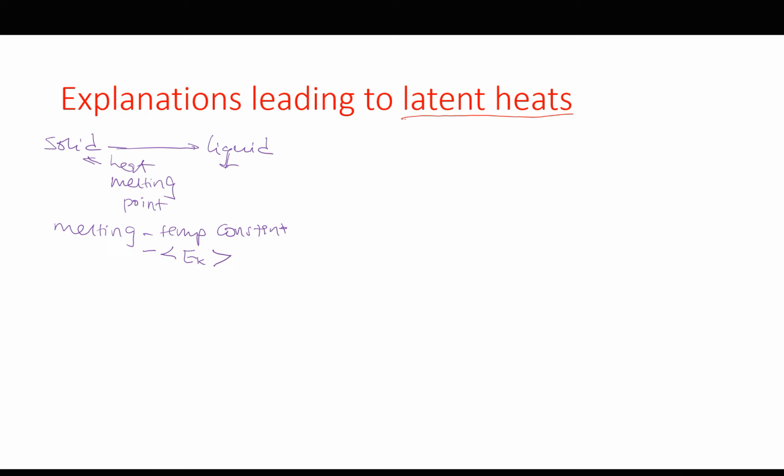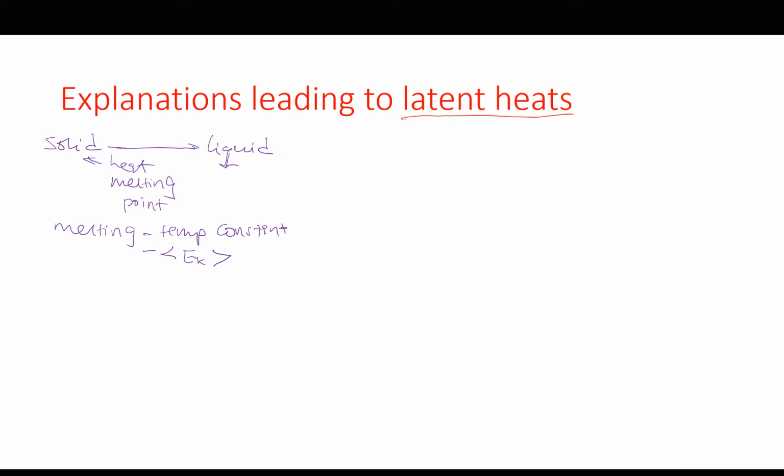So it means this heat, remember, by conservation of energy, will not just disappear. It is going somewhere. Since it is not increasing the temperature, it should be doing something else. So instead, the energy which is being supplied is used to overcome the forces between the atoms and molecules.